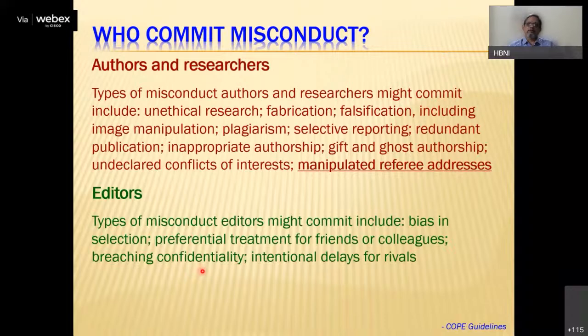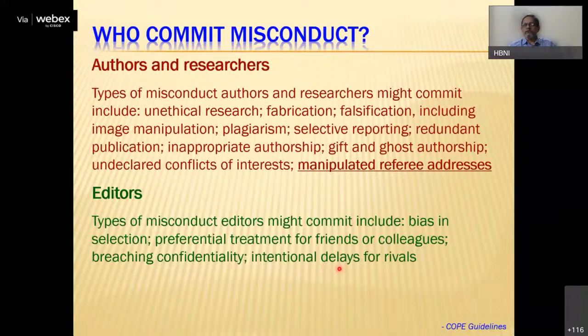Once the manuscript reaches an editor's office, the whole process after that has to be absolutely confidential. Who are the referees? What are the referee reports? And what are the referee comments to the editors? All these are confidential things. If these matters are leaked out, that would mean breaching of confidentiality.